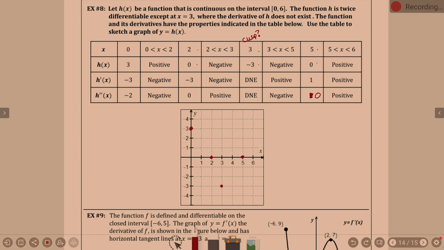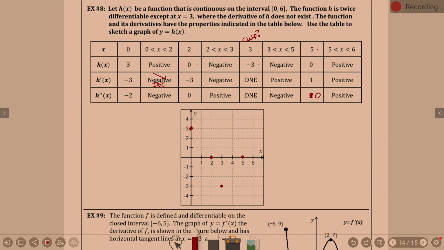What does my first derivative say about my function? My first derivative tells me whether my graph is either increasing or decreasing, right? So here, in between 0 and 2, my derivative is negative. So what's my graph going to be doing? Decreasing.